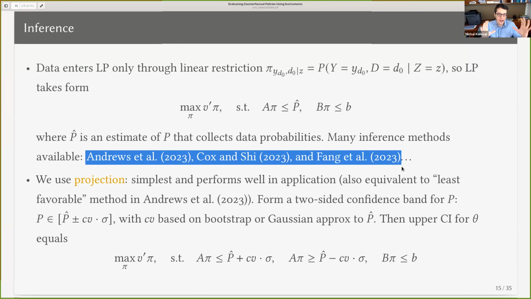We're going to construct a confidence band for the data probabilities, and then project it down to the parameter of interest. And in our application, it turns out that works pretty well.